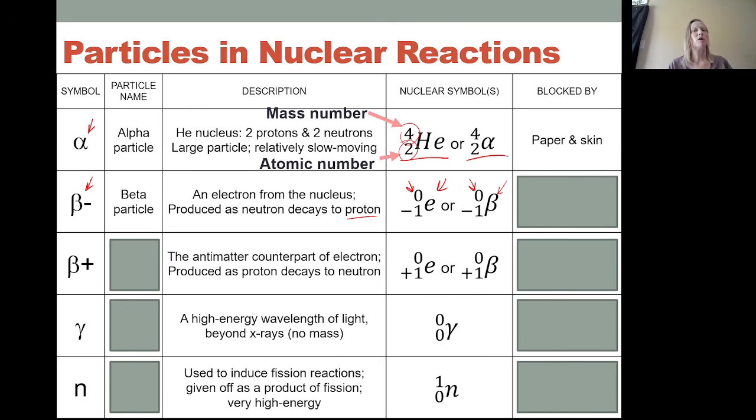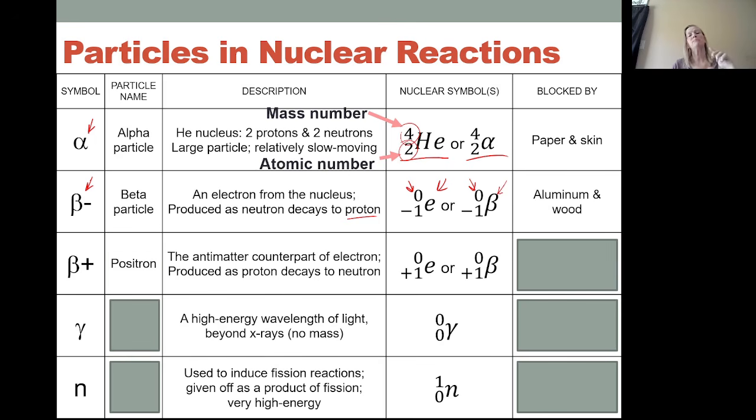This is a smaller particle. Electrons are very small compared to 2 protons plus 2 neutrons, and it's moving a bit faster, so it's a bit more penetrating in terms of radiation. And so aluminum or wood, you need something a little more dense, a little more substantial to block this type of radiation. There is another type of beta particle, and that's called a positron.